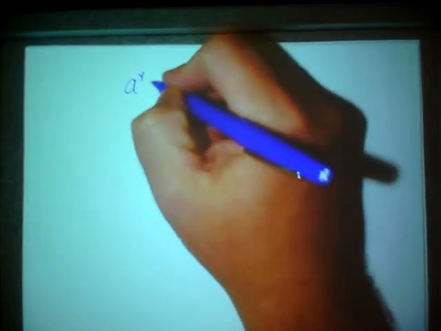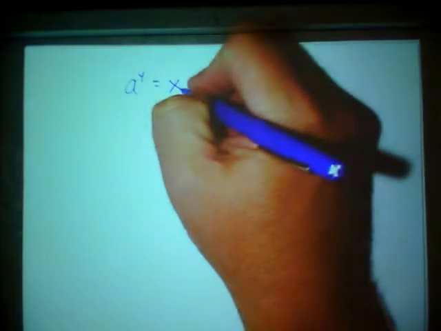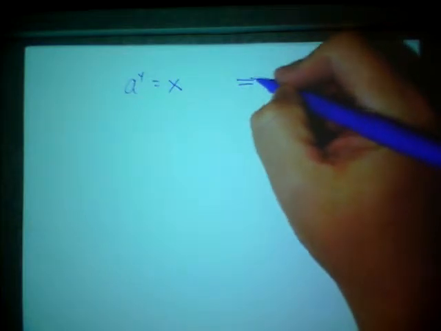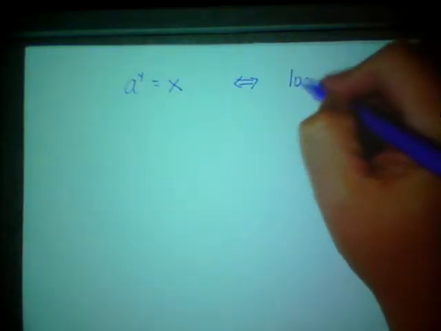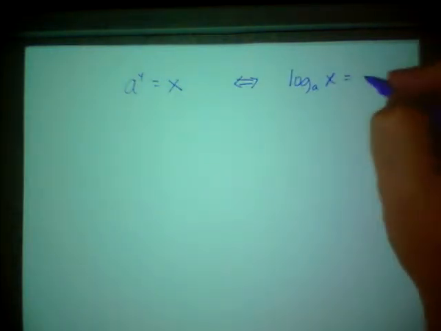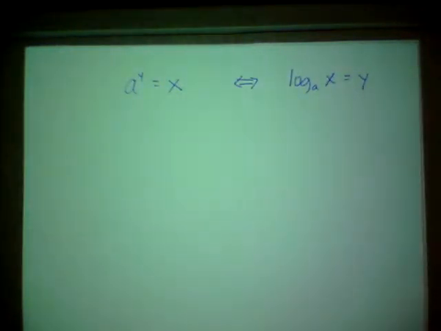As an exponential equation, if we write a to the y equals x, where a is the base, y is the exponent, and it equals x, we can rewrite that equation, but instead now we're going to write it as a logarithm.